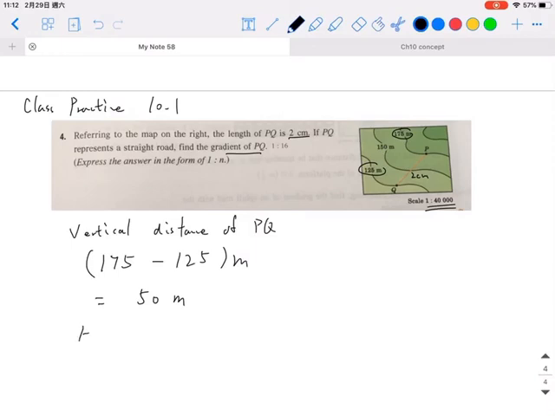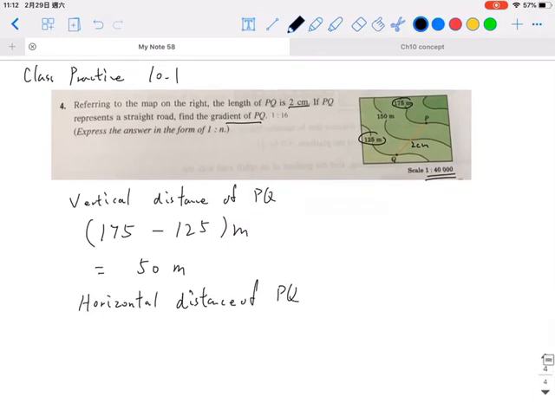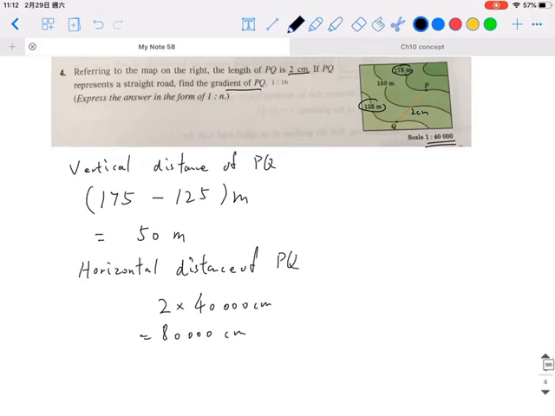And the actual horizontal distance of PQ is 2 cm multiplied by 40,000, which is 80,000 cm. We need to change to the same unit, from cm to meters, that is 800 meters.